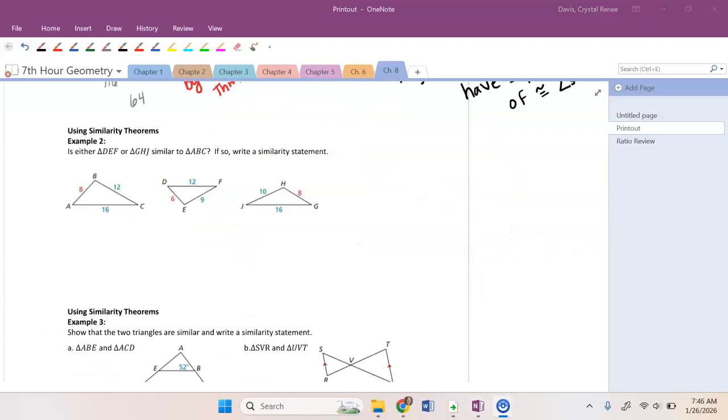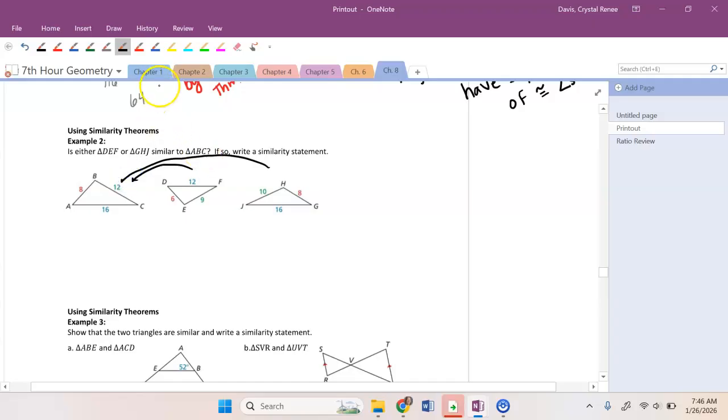Okay, so let's look at example 2 now. Okay, it says, is either triangle DEF or triangle GHJ similar to triangle ABC? So we're checking to see if this is similar to ABC, and we're checking to see if this is similar to ABC.